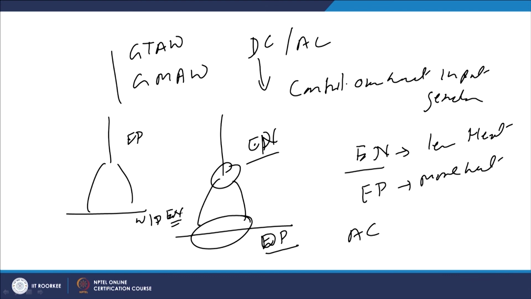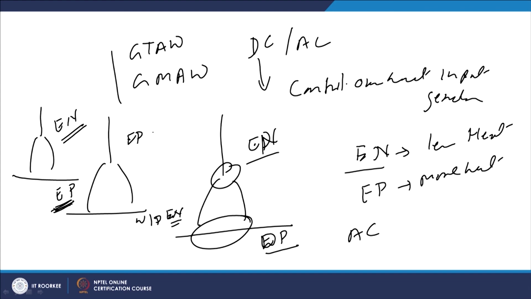And if we want more heat generated on the workpiece side, the workpiece will be connected to the positive terminal, and the electrode will be connected to the negative terminal. So, EN and EP: electrode negative is the straight polarity, and otherwise it is reverse polarity.